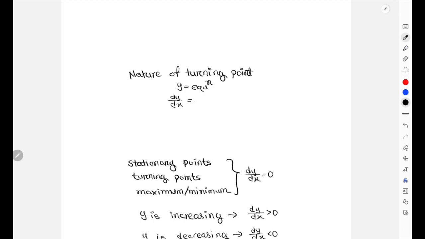You set dy by dx equal to 0. This will give you a value for x, the x coordinate of the turning point.